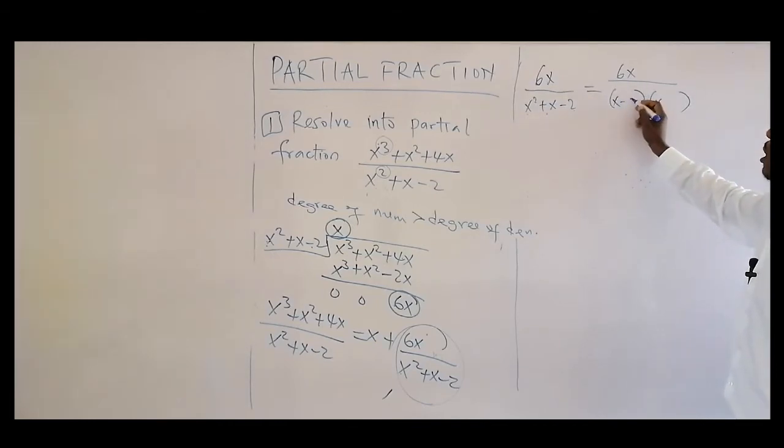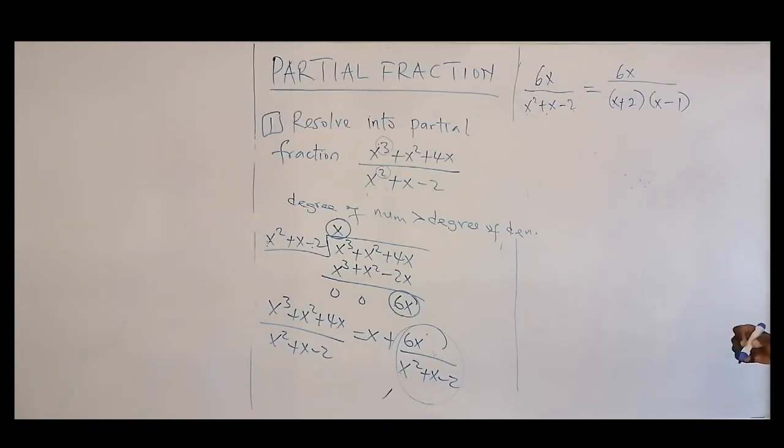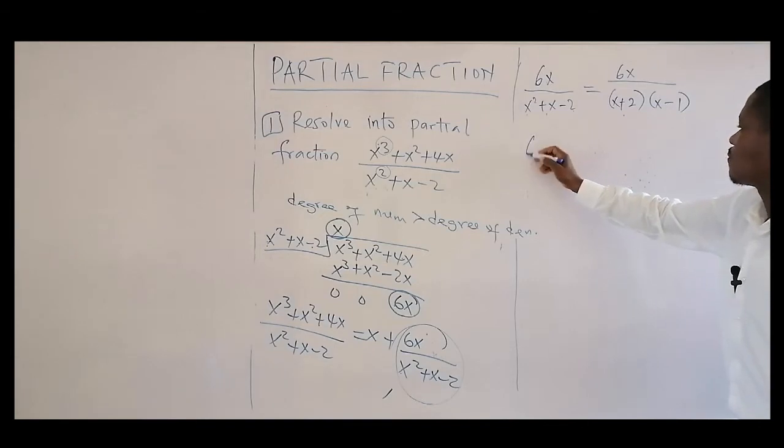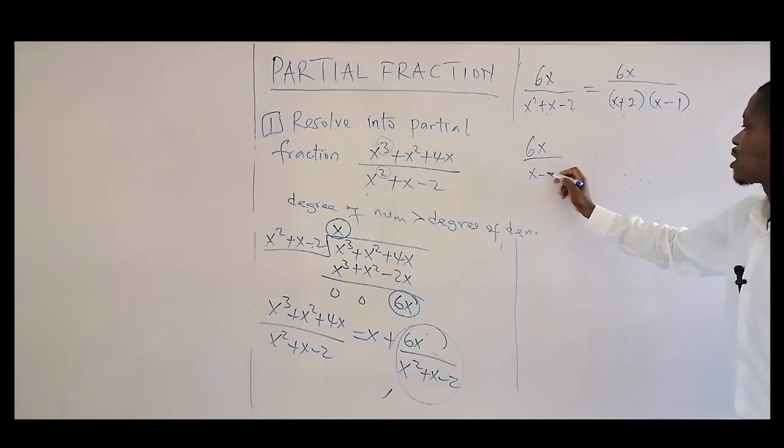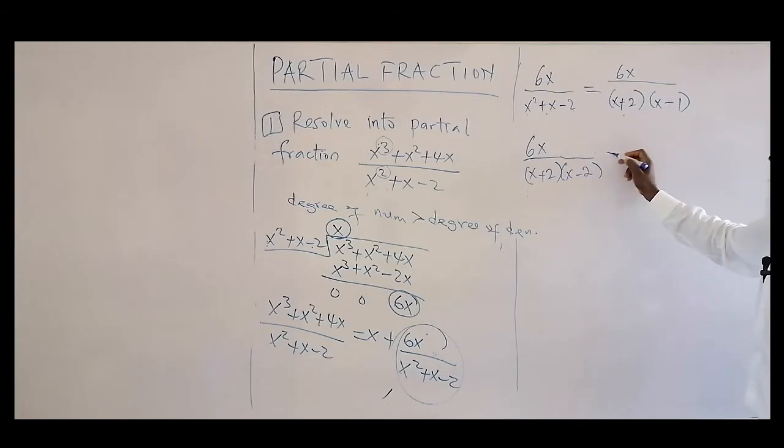That will be plus 2 minus 1, and when you multiply plus 2 and minus 1, you get minus 2. So we have now resolved this into linear factors. We said that when you have linear factors in the denominator, that will be equal to A over one of the factors plus B over another factor.